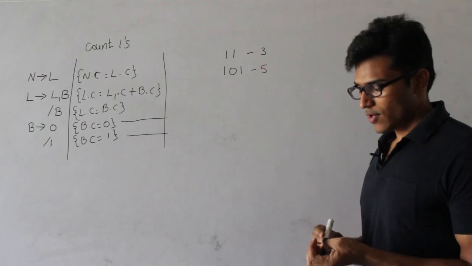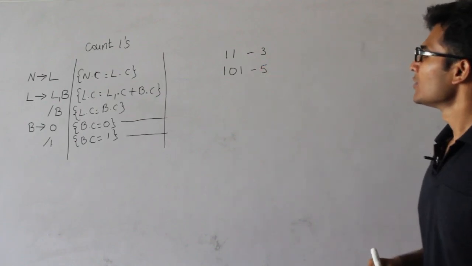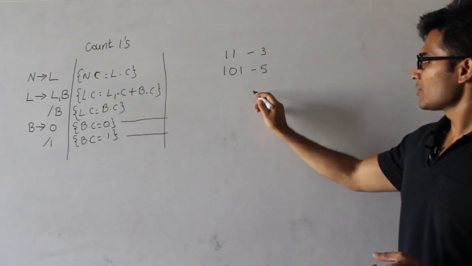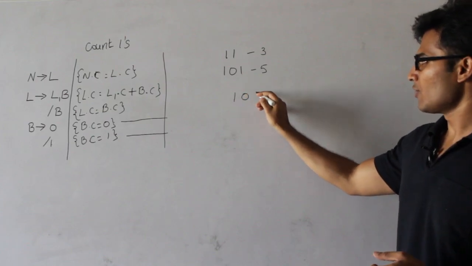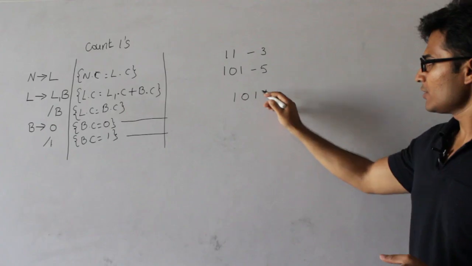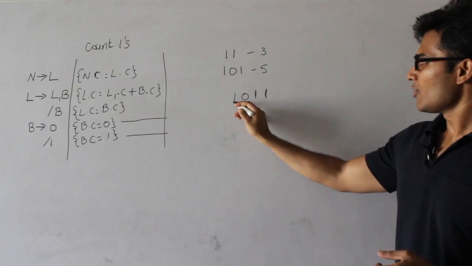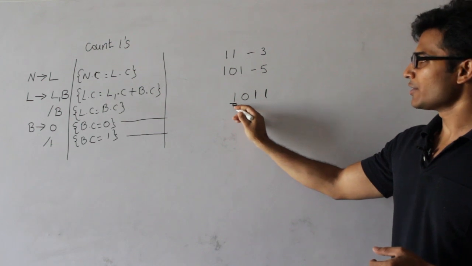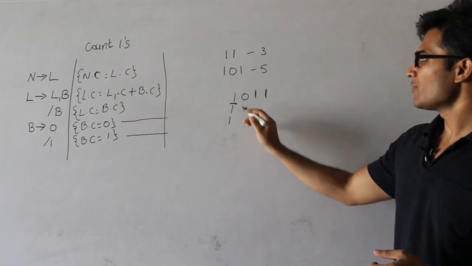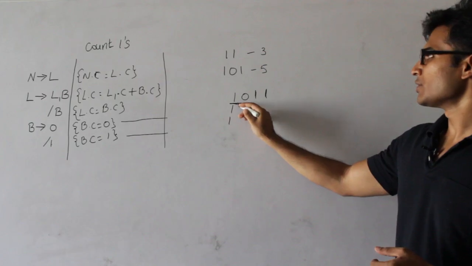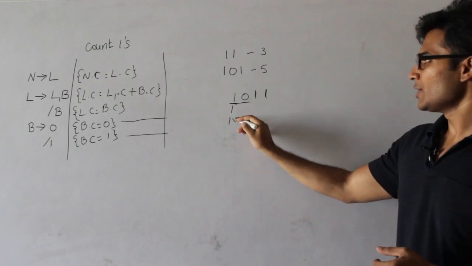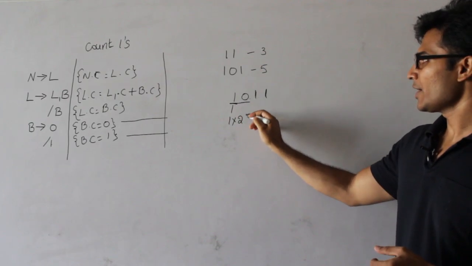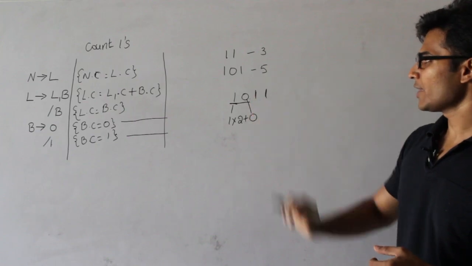5. Now one thing you have to note here is, if I have a number 1011, how do we get its value? Take the first digit, its value is 1. Whenever you append one more digit, which is 0, you multiply this 1 by 2 and then add 0.